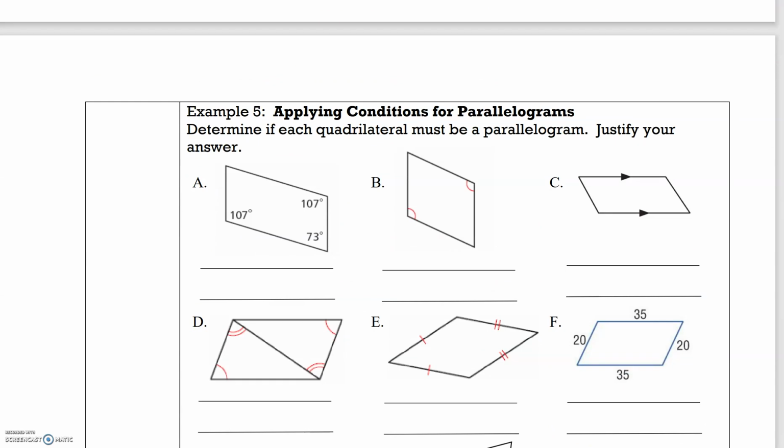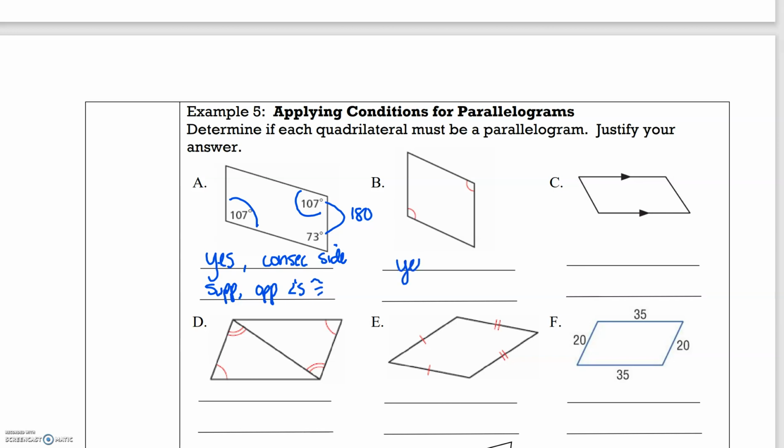So on this first one, I can see that we have here either supplementary or we have opposite sides being congruent. Or these adding up to that 180. So yes, and we can say consecutive angles supplementary or opposite angles congruent, kind of either one of those.